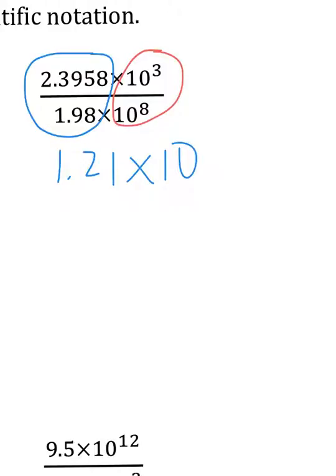We take the top exponent minus the bottom exponent, so we'll have 3 minus 8. That gives us negative 5. So we'll end up with 10 to the negative 5th. And look at that, our answer is already in scientific notation because 1.21 is between 1 and 10. So it looks like we're good there.